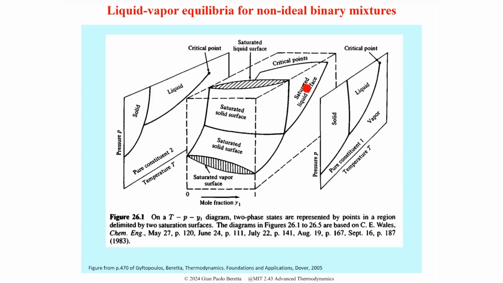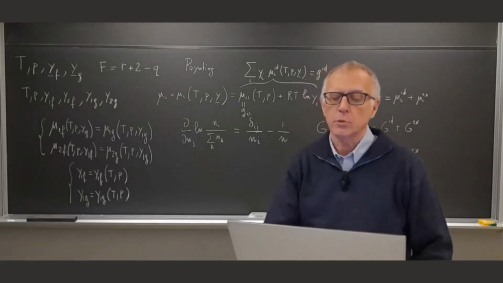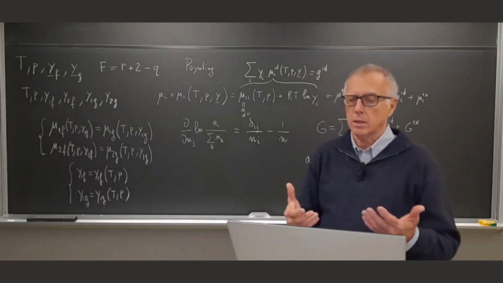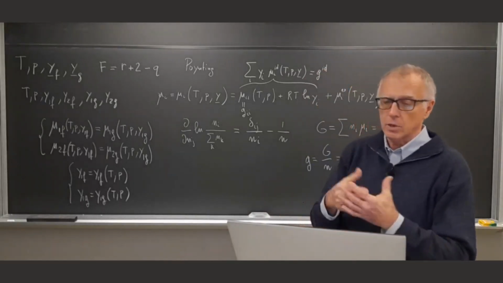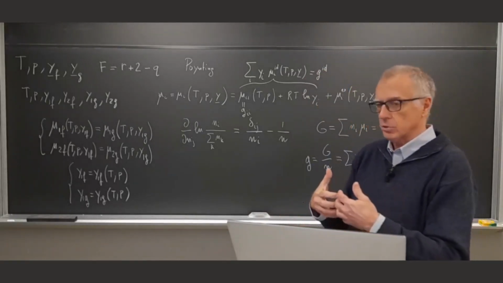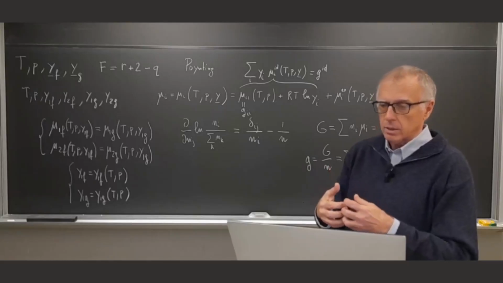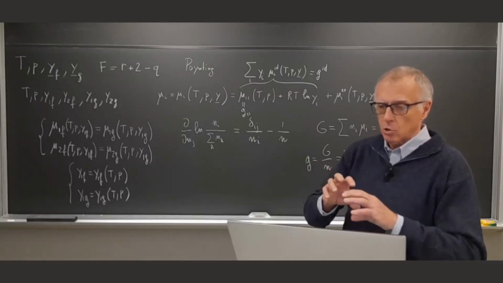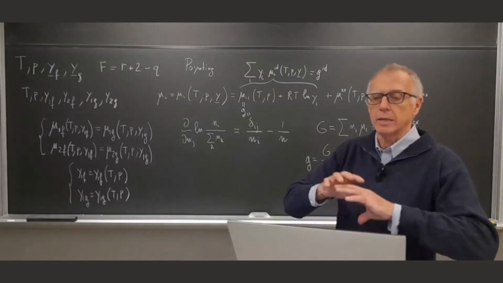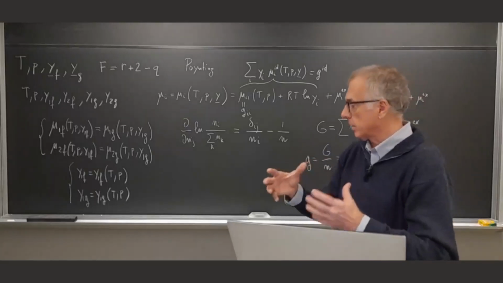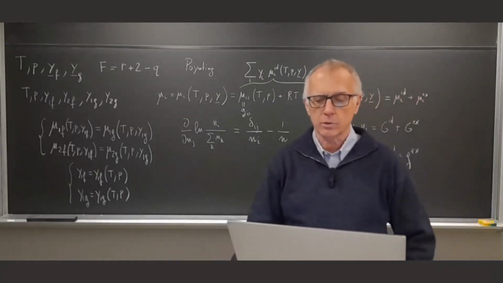Actually, this is on the liquid and on the vapor, so it's on the other side. But you can do it for all the phases. And you have these gaps here, these empty spaces between these surfaces, which don't represent any stable state, because if you are there, the system likes to find stable equilibrium by separating and generating the two phases.